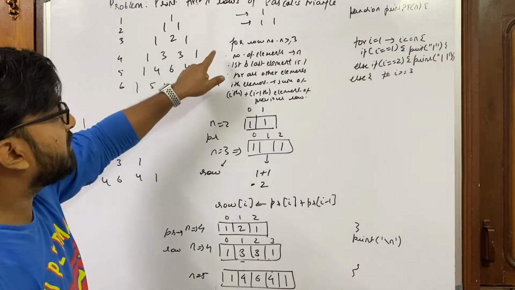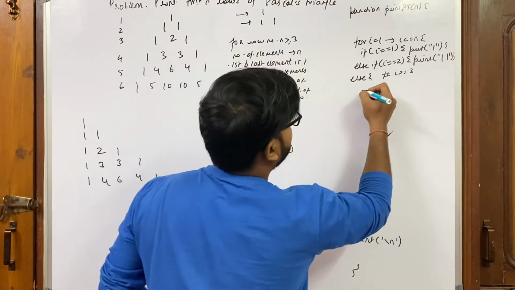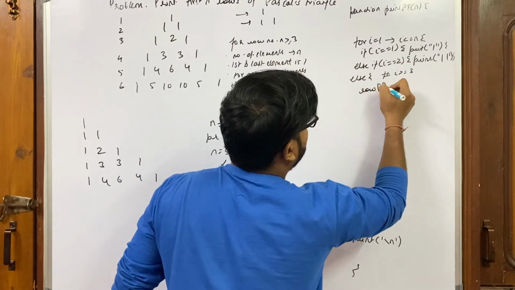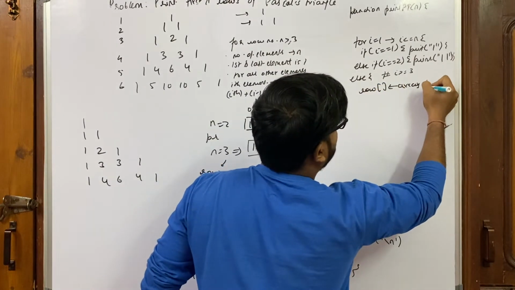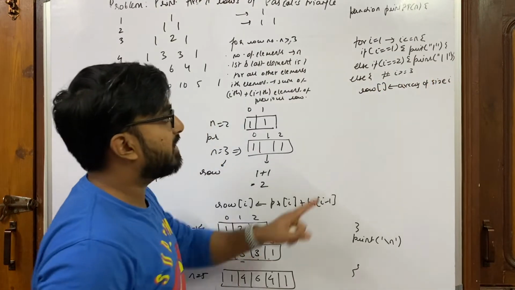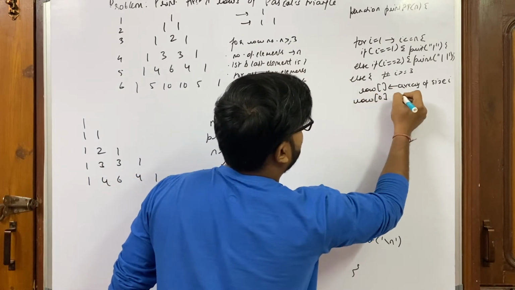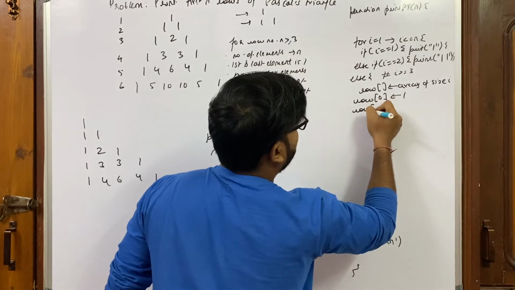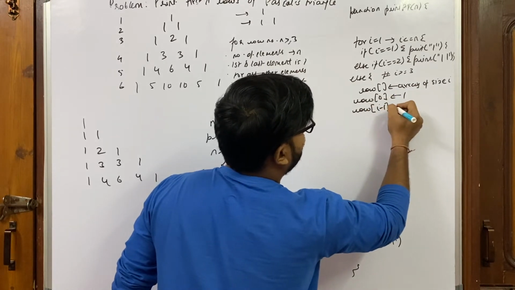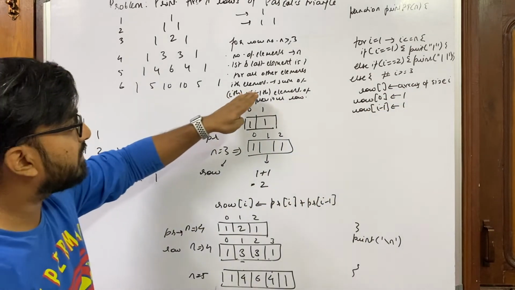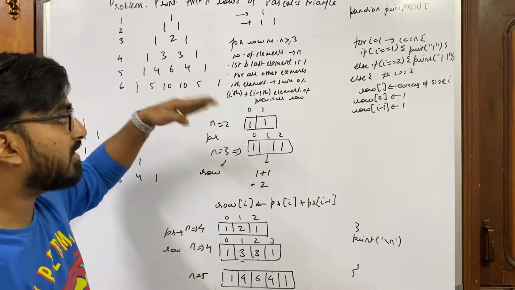The first point is the number of elements, so I can say row is an array of size I. The ith row has I elements. I set the first element to 1, and I set the last element, which will be at index I minus 1, to 1. For all the other indices, I set it equal to the sum of the ith and the I minus 1th.